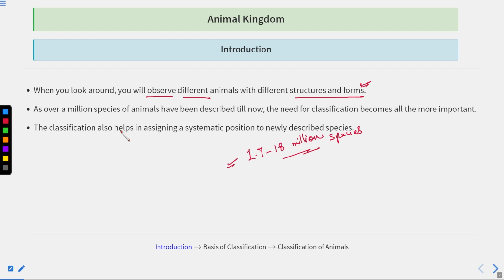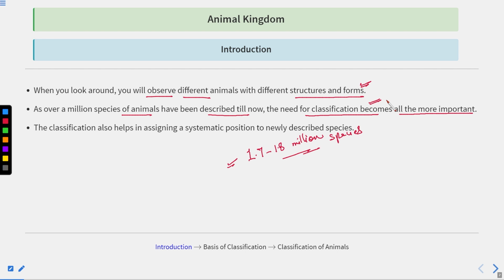As over a million species of animals have been described till now, the need for classification becomes all the more important. It is important to classify all these organisms so that our study becomes easy.